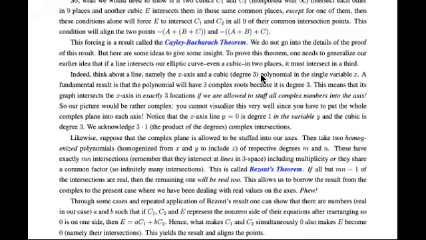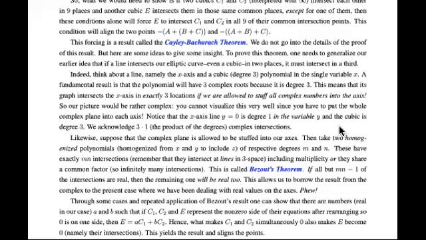But in general, you're using an idea similar to the fact that if you have a degree 3 polynomial, it has 3 complex roots. But if it has 2 real roots, actually the third one is also real. And we're going to be using that idea because really we were working with real things.